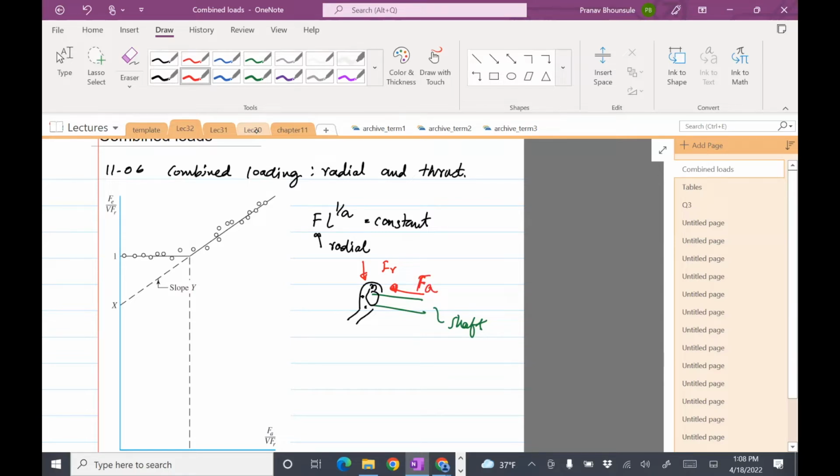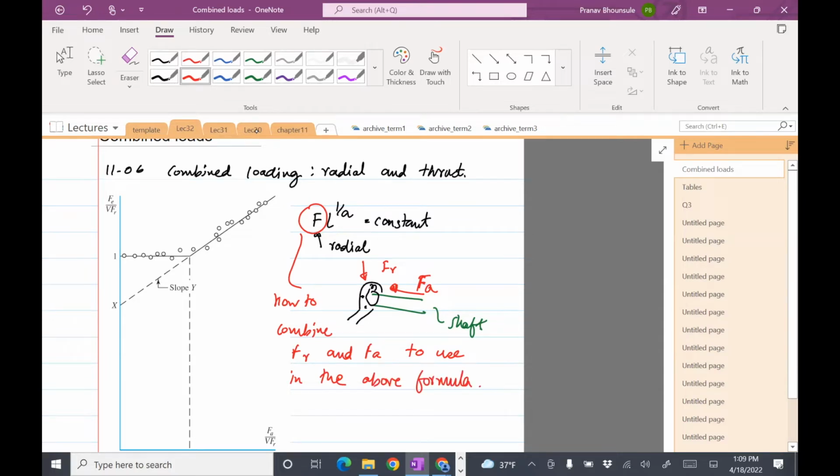And so we want to basically use that formula, but how do we combine FR and FA into a single F, which can then go in this equation? So how to combine FR and FA to use in the formula.